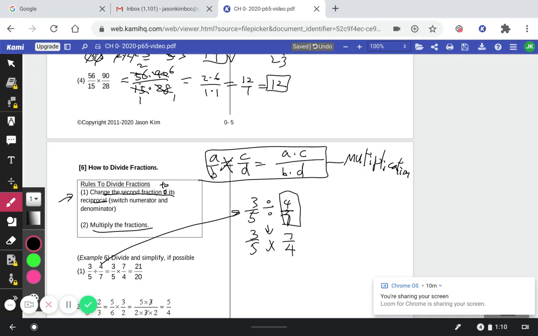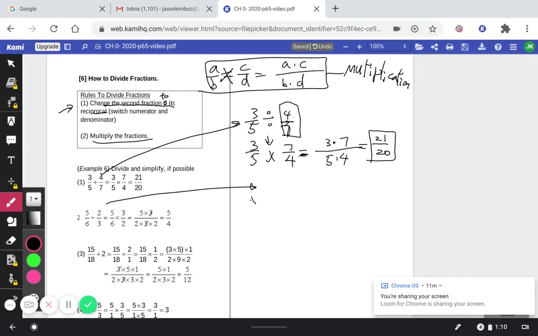So that's the cost that you have to pay when you change the division operator into a multiplication operator. And now they become bona fide official multiplication. So you just multiply across because you don't have any common factor to reduce. So 21 out of 20 is the final answer for this.